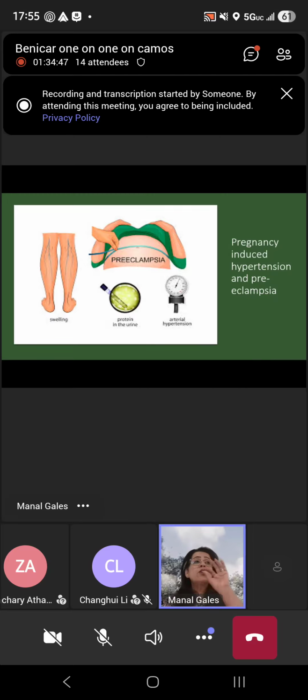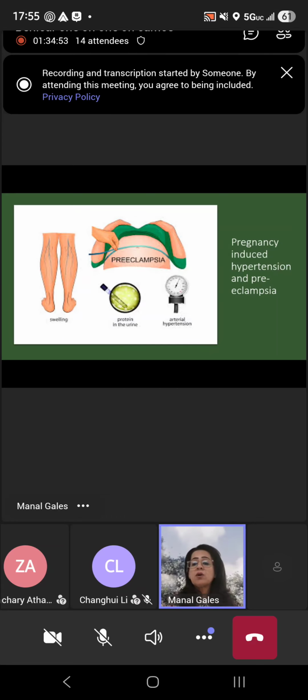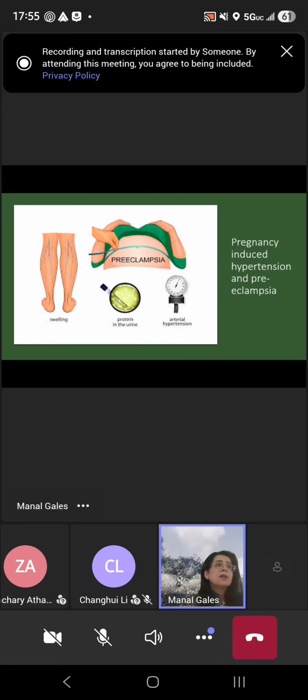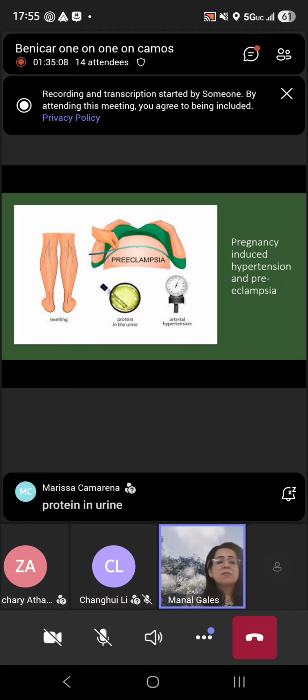What are the 3 things you see while you're assessing a patient with preeclampsia? Put 1, 2, 3. What are the 3 things the nurse expects to find?